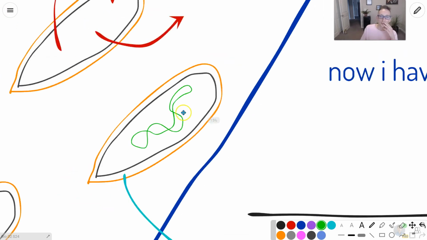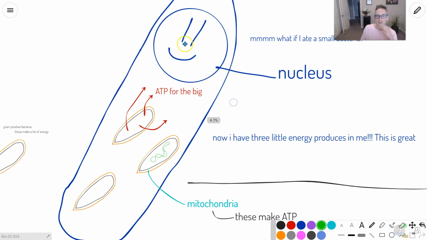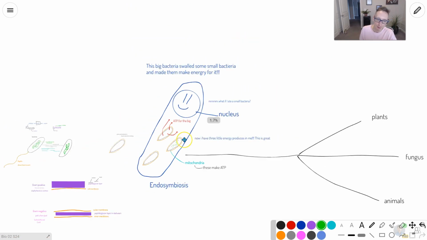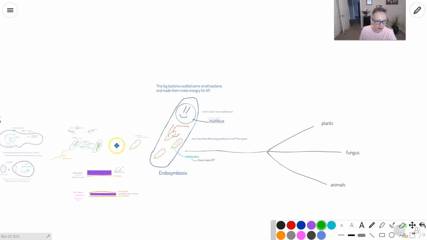So not only does your nucleus have DNA, we'll talk about that, but your mitochondria have DNA. And they essentially have bacterial DNA. Your mitochondria, you have tiny little bacteria living inside of you. We've just whipped them into shape and we have them do our bidding. It's pretty cool. All right.